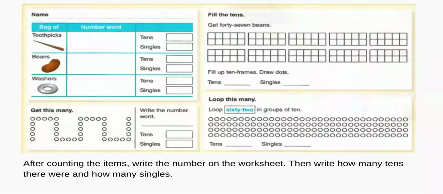So then, say there was 35 beans, they would have 3 groups of 10, and that's what they will write over here in the box, 3 tens, and then they'll have the 5 single beans, and they'll write 5 here. And then in this middle section, they can practice writing 35.